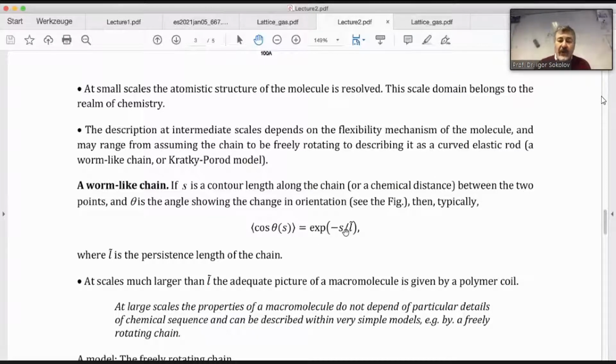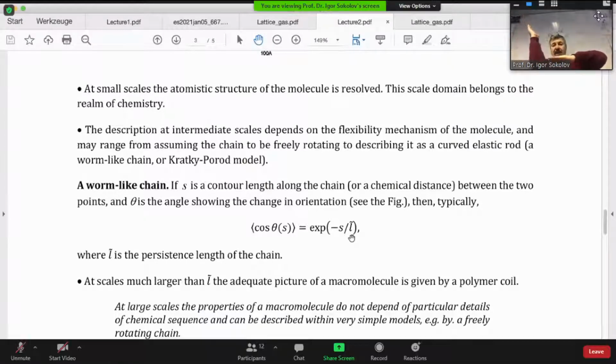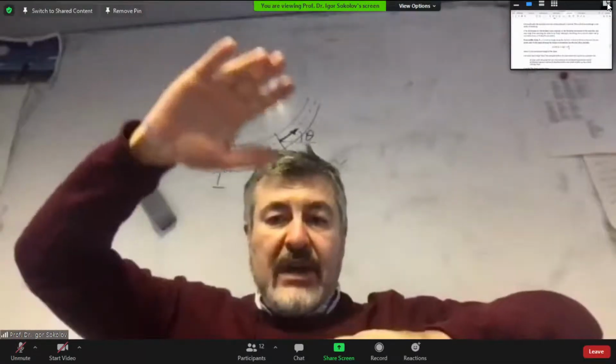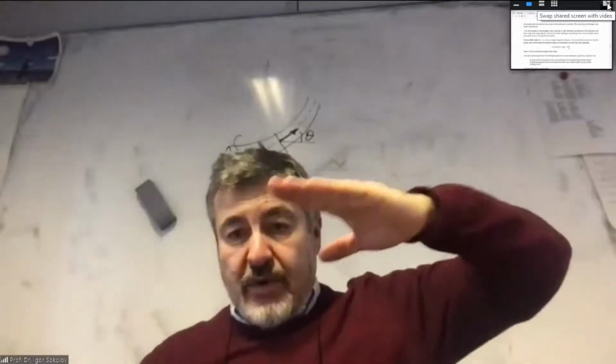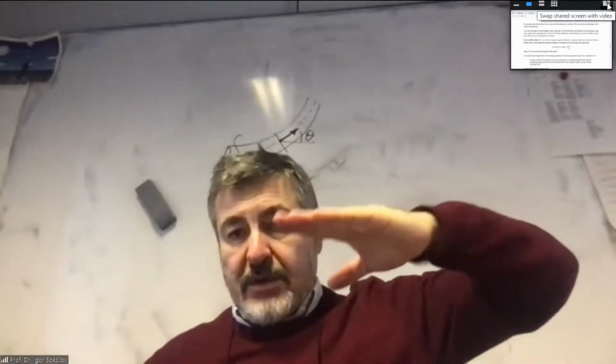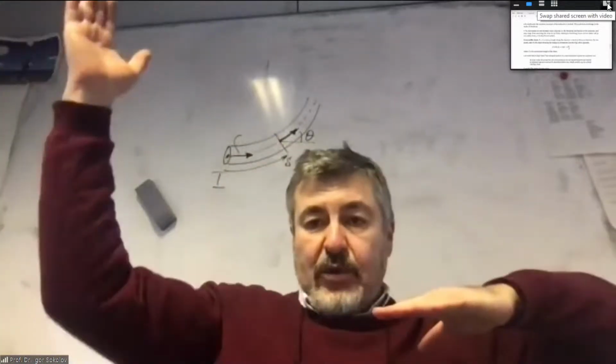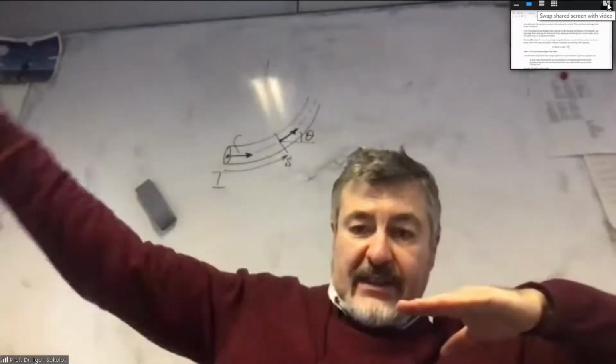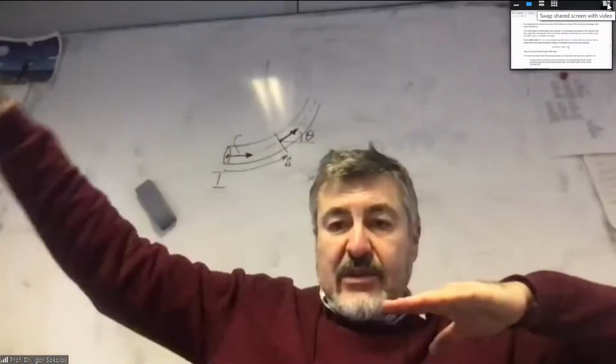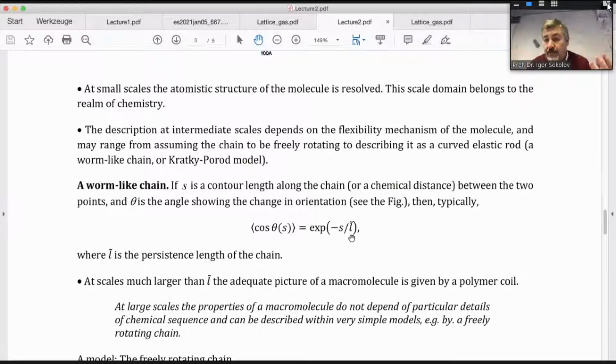And how fast this mean decays is characterized by this L tilde, which is called the persistence length of the chain. So it shows how fast along the contour line the initial orientation is forgotten. Look, if the end part I'm looking at can be at whatever angle, the cosine of whatever angle in the middle, in the average, is 0.